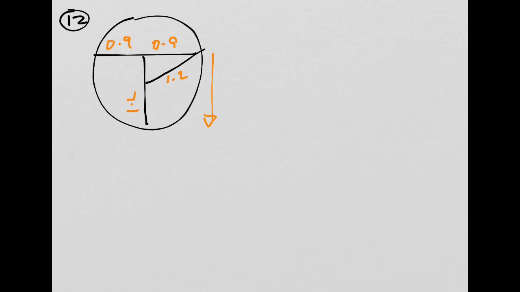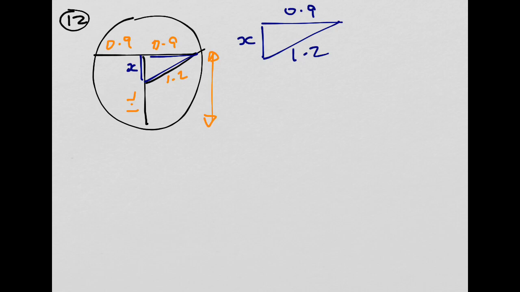We are asked to find that total distance there, so basically we need to find that little distance and then add it to 1.2. So if I take out this triangle, put the information on we know, this is 1.2, this is 0.9, we're trying to work out x.